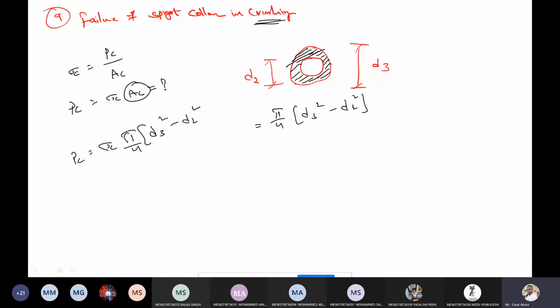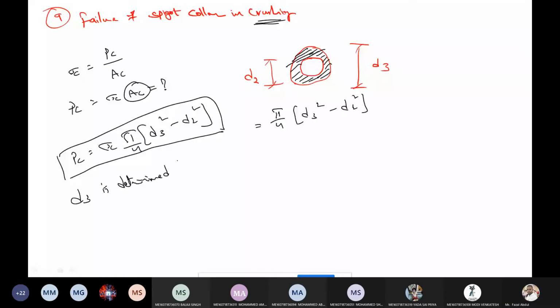Now with this equation, d3 is going to be determined in mm. Okay?